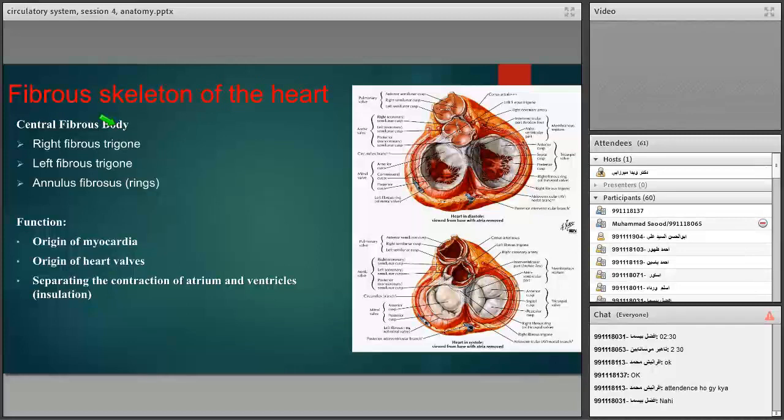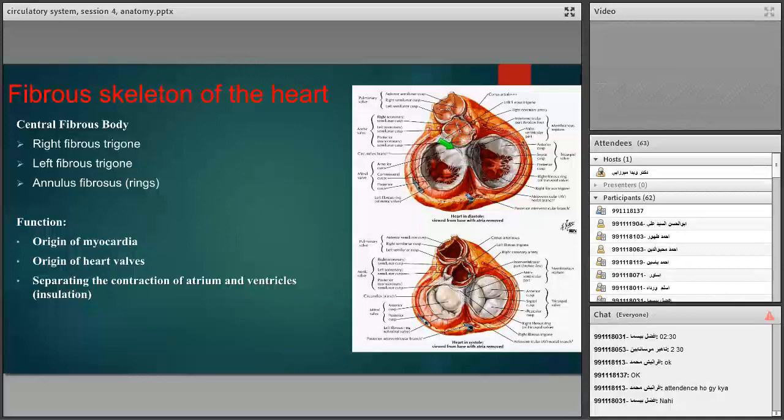This central fibrous body consists of 2 triangles and 4 annulus fibrosus rings. Where is the right fibrous trigone? The right fibrous trigone is the biggest trigone, much bigger than the left one, and is placed between the tricuspid valve, the mitral valve, and the aortic valve.